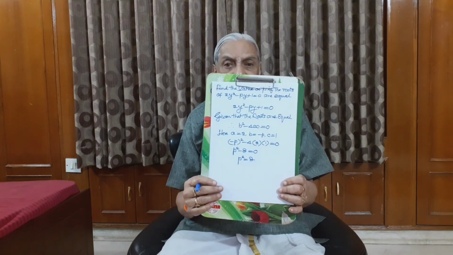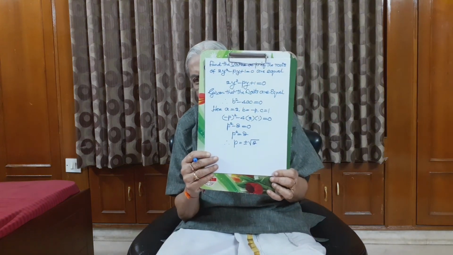You are expected to find out the value of P. Therefore, what is the value of P? P equals plus or minus square root of 8. Therefore, what is the value of P? That is plus or minus root 8, and I can write 8 as 4 into 2. Therefore, P equals plus or minus 2 root 2.